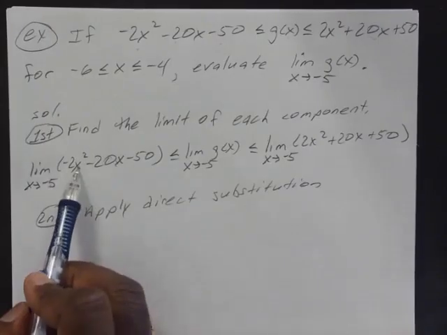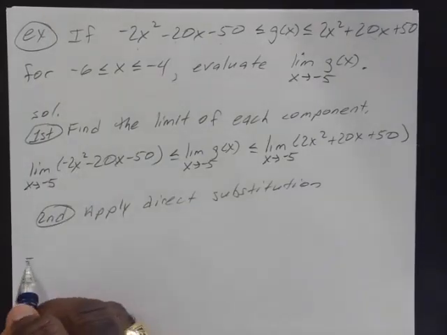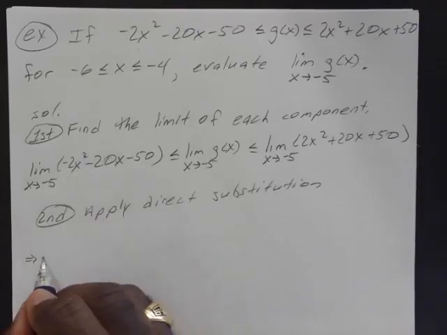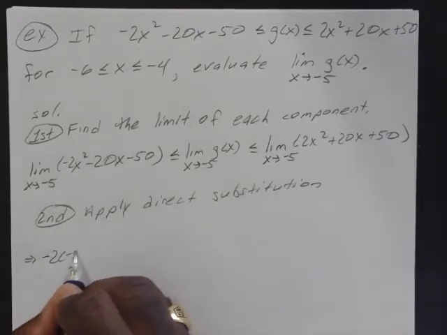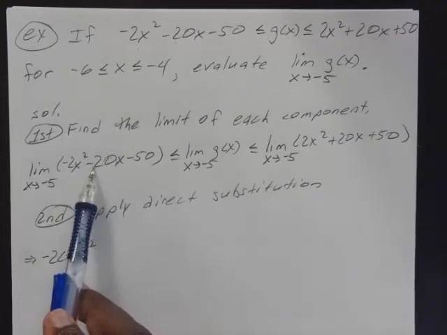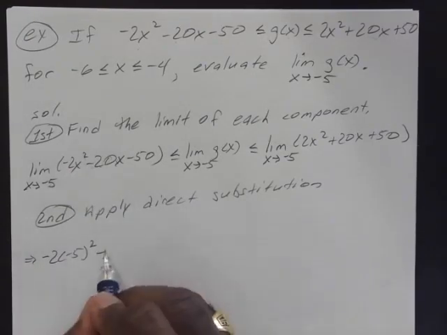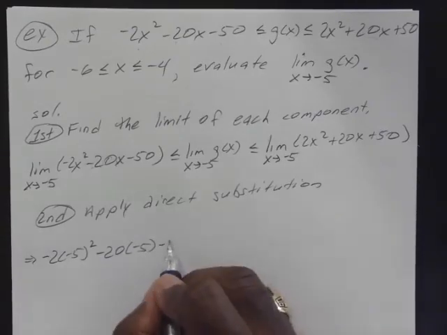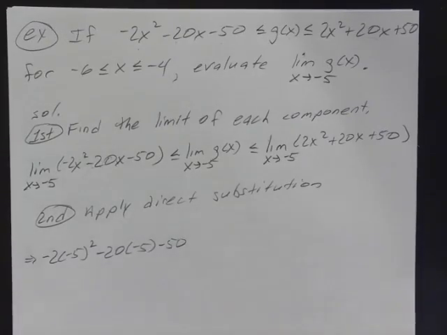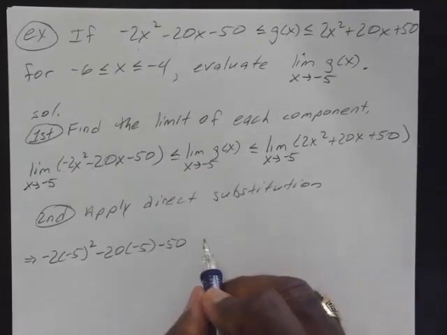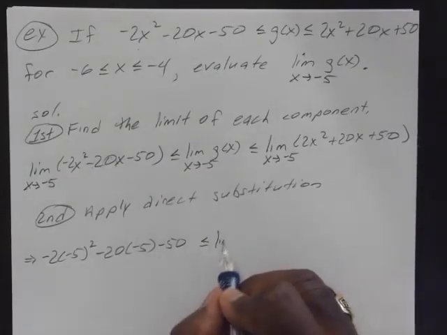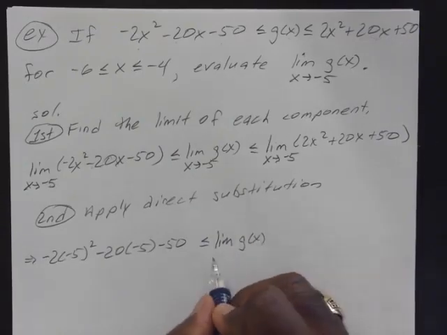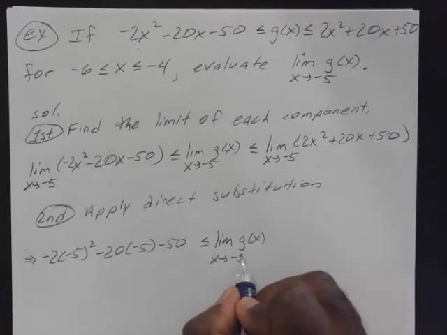So we plug in -5 here. That gives us -2 times -5 squared minus 20 times -5 minus 50 is less than or equal to the limit of g of x as x approaches -5.